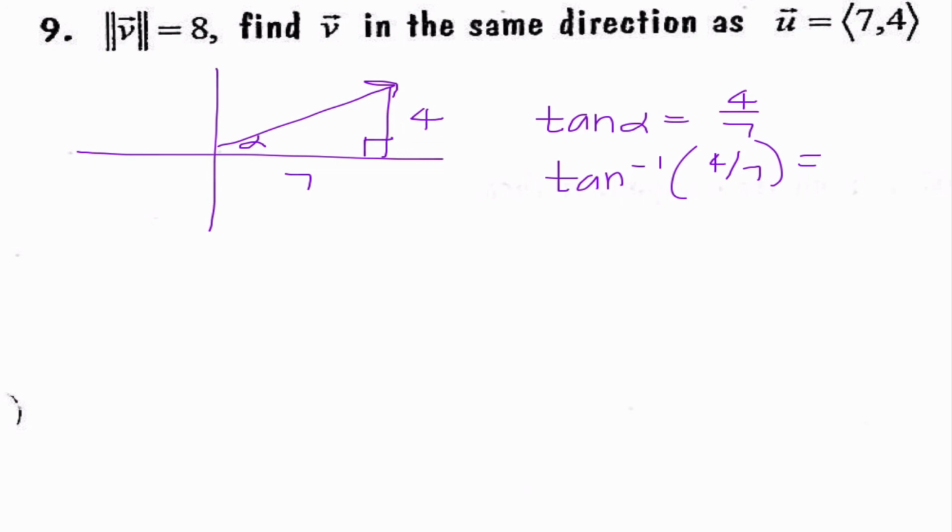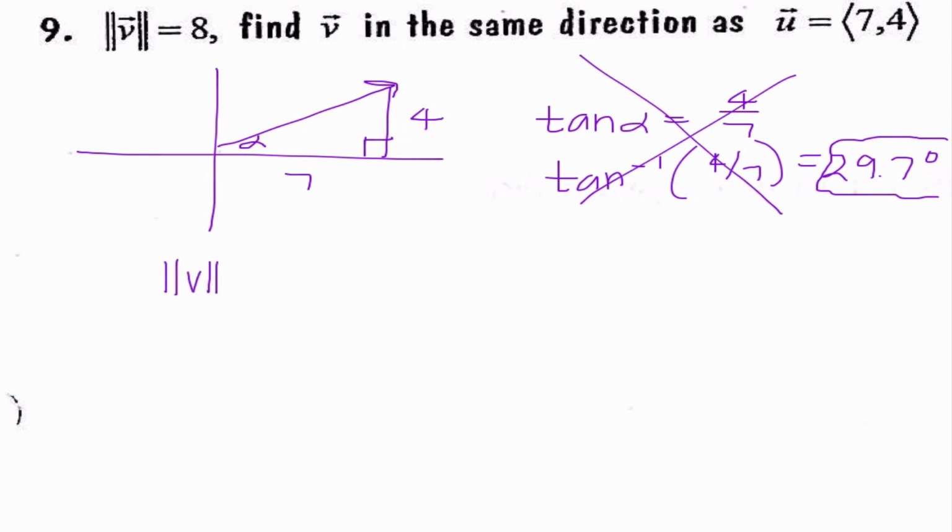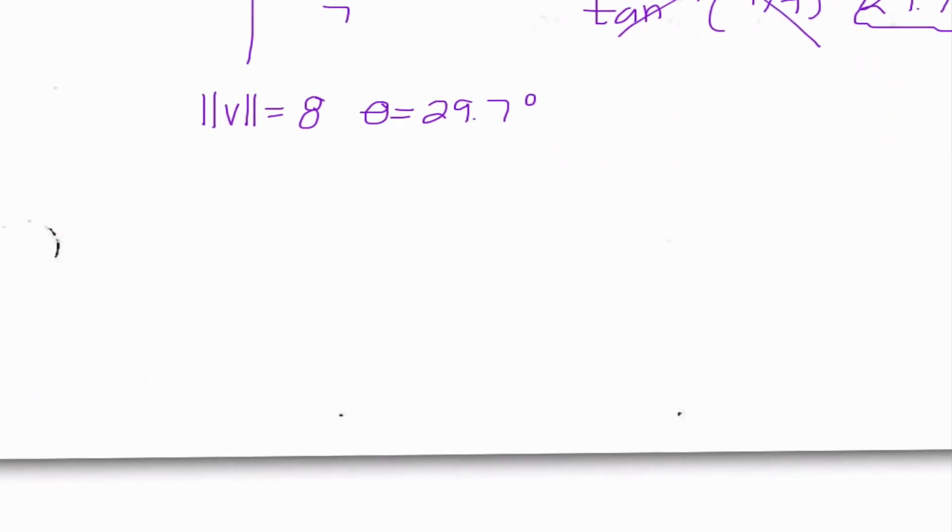And I get that that is an angle of 29.7 degrees. I care about that. I don't care about any of that other work anymore. Now we're just using that the magnitude is 8 and the angle is 29.7 degrees.